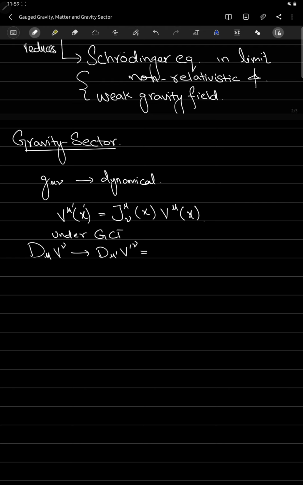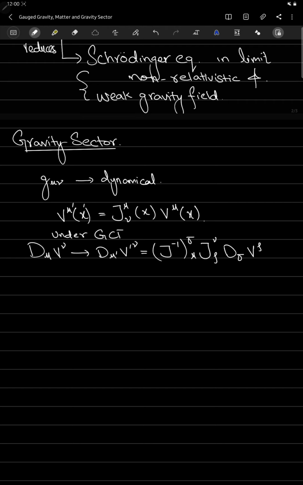And we know from our previous discussion that this turns out to be j inverse sigma mu times j nu rho d sigma v rho.